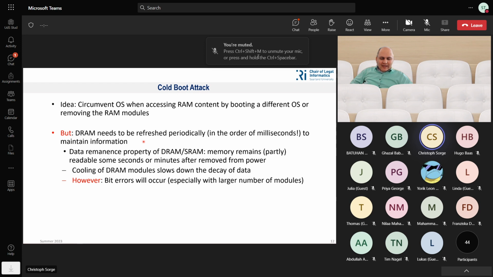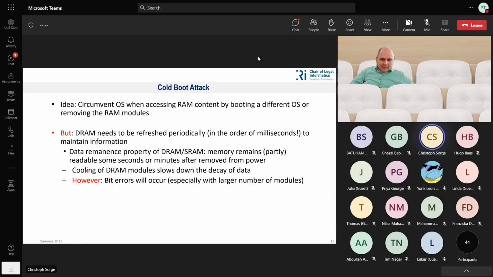But if you can live with a certain probability that some bits change, then you might be able to live with longer refresh periods, and that might allow you to still read some contents at least a couple of seconds after removing the RAM module from power. Under some circumstances, that can even be minutes.